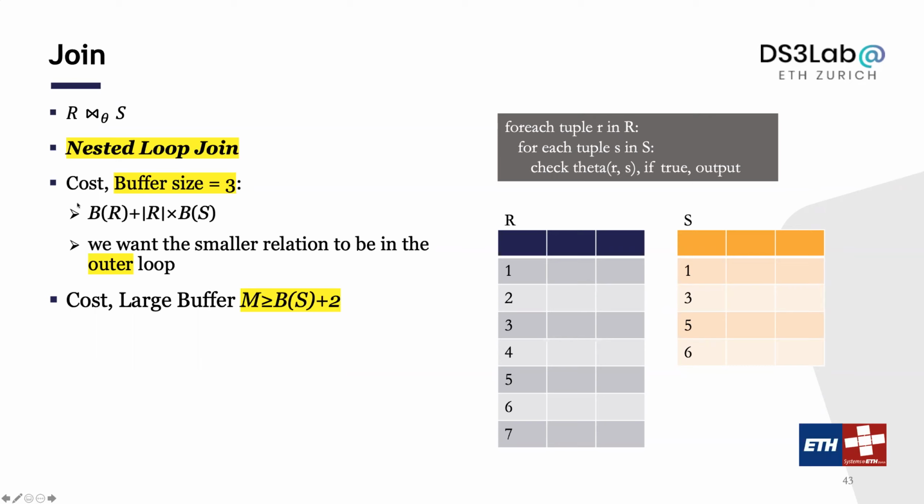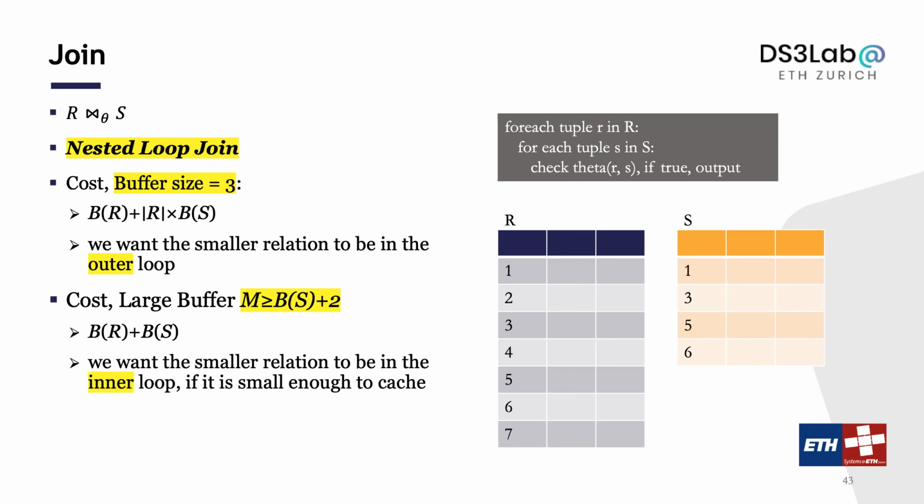So for all the inner loops, I will not pay an IO other than the first time I bring S into the system. So the IO cost you pay, when you have a very large buffer that is larger than the smaller relation, is BR, the number of pages in R, plus the number of pages in S.